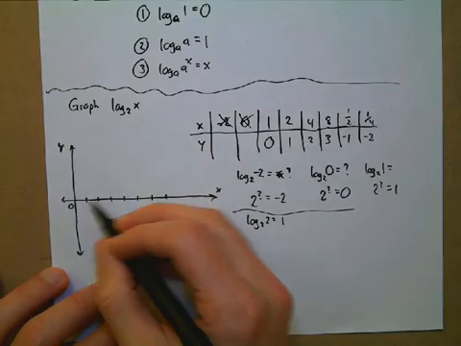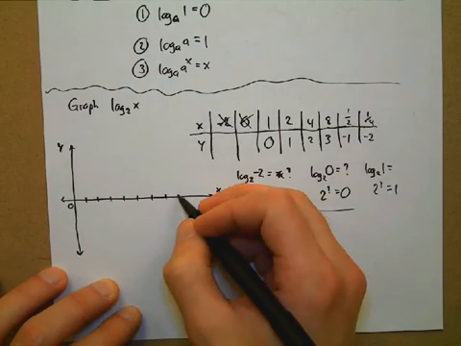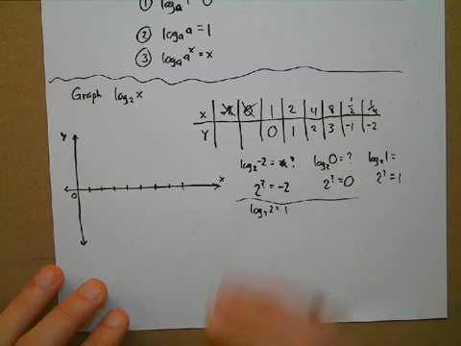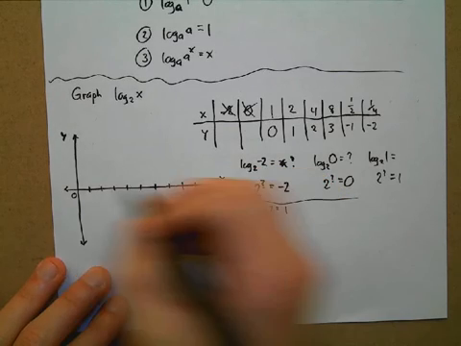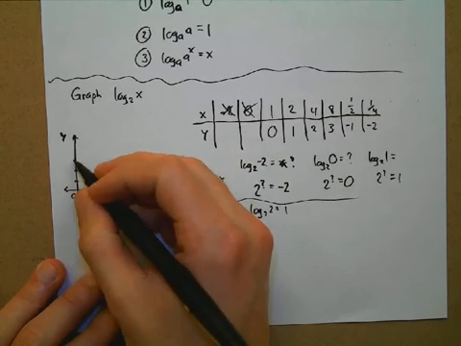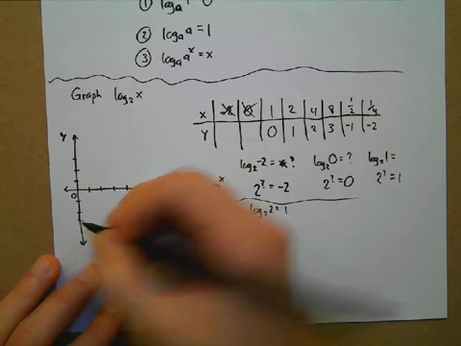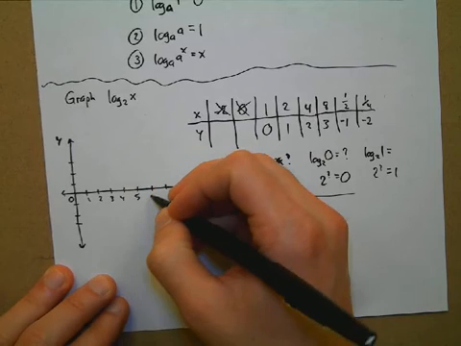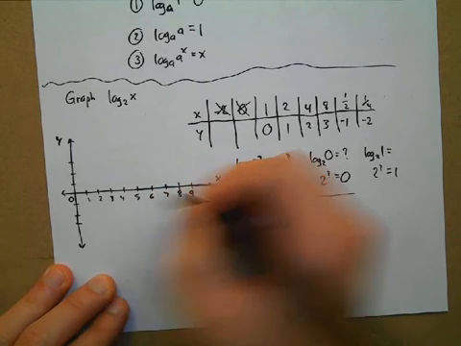Alright, so we'll just count by ones here. One, two, three. Okay. And so we'll plot some of these points. It is important to use some of these fraction values, okay? Because our y values do actually get negative.